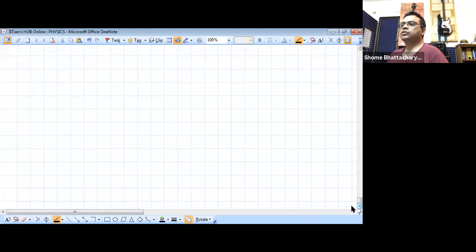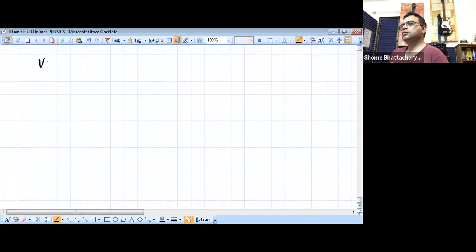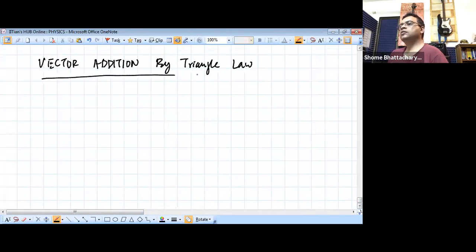So in continuation of vector addition, by triangle law, we understand that the angle theta between two vectors can be up to 180 degrees. It has a range of 0 to 180 degrees.